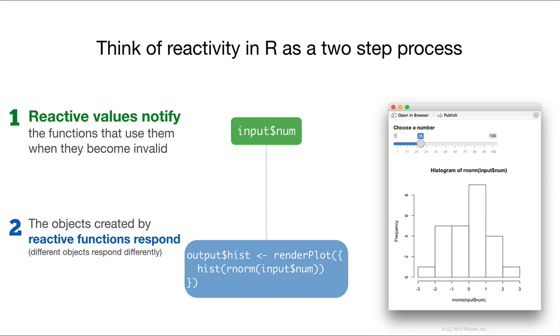So those are the two steps of reactivity. Reactive values notify the things that depend on them that they've changed, and then the things that depend on them respond in some way. The way to customize their response is to use the correct reactive function to do what you want to happen. Which means our job today will be to learn what the different reactive functions we can use are and what they do.